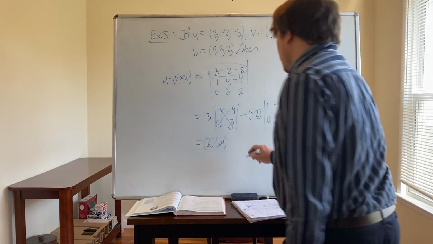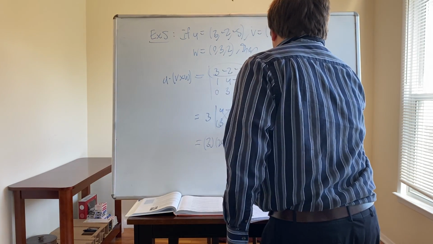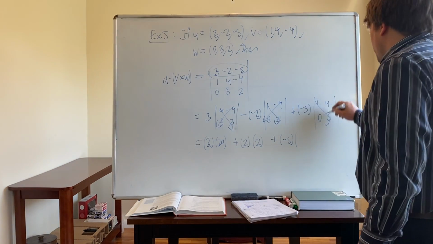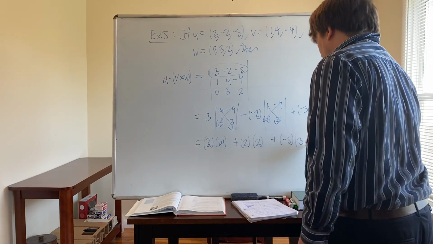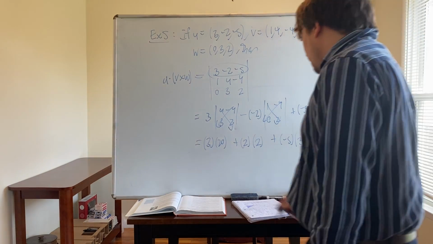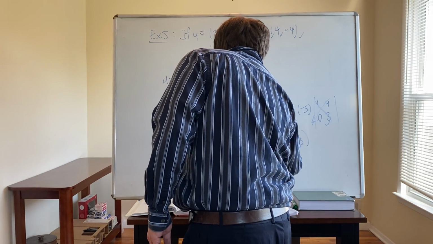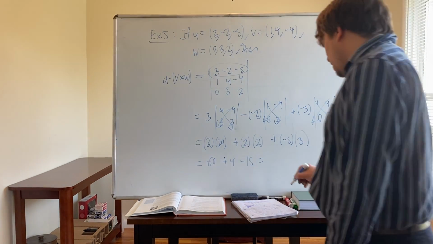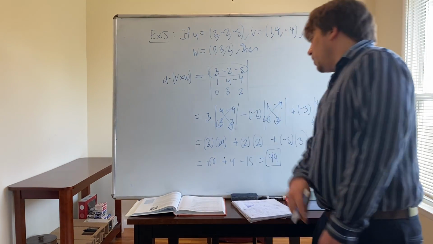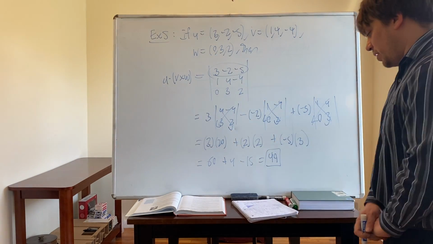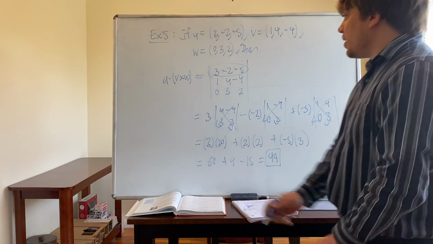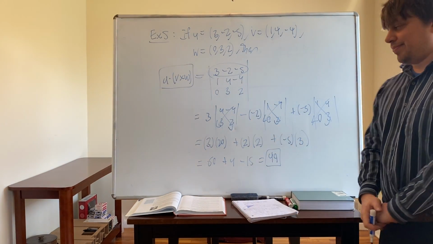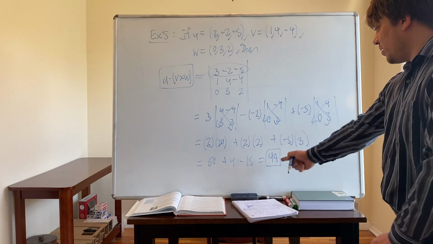Minus -2 is plus 2, so 2 minus 0 is 2, plus -5 times 3 minus 0, which is 3. So this is equal to 60 plus 4 minus 15, which is 64 minus 15, which is 49. So u dot v cross w is 49. In this example, we found the scalar triple product of the given vectors u, v, and w. It's 49.